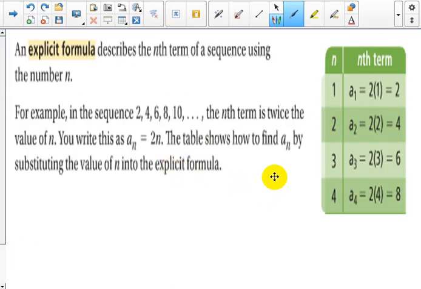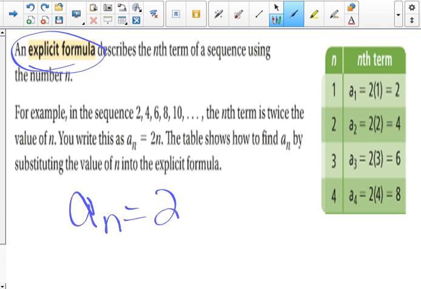So when you have an n representing the terms in a sequence, we call that an explicit formula. So if I say a sub n is equal to 2n, I know that my first element is going to be what?